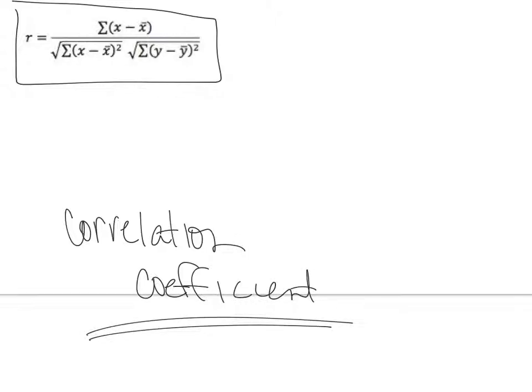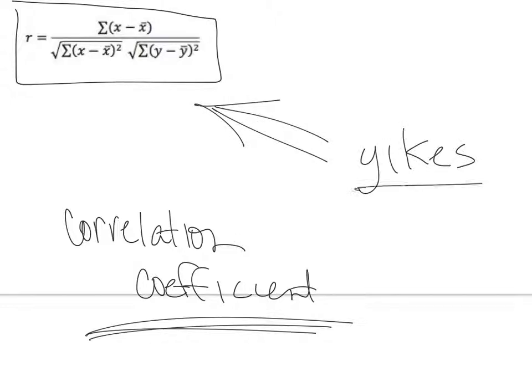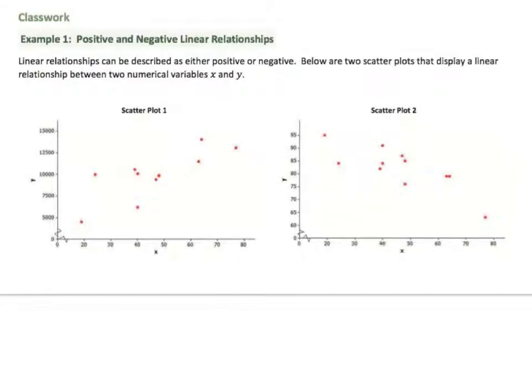It's what your calculator spits out when you do linear regressions. So it's super duper important. And because this equation looks, yikes, hard, we love that our calculator spits it out for us. The correlation coefficient is R. Not R squared, just R. So let's dive in.